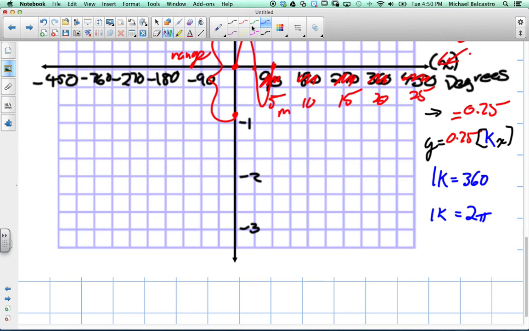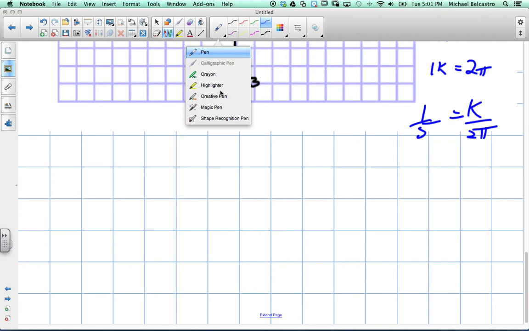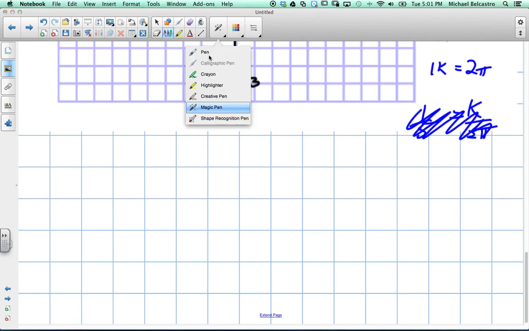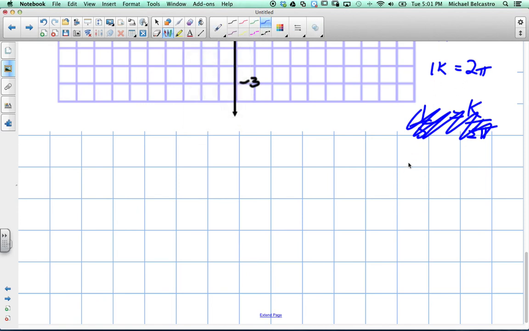So that would be like saying, okay, so we would say we'll build our equation. We'll kind of hide this because we kind of brought it up off the board. But our idea is that if k is equal to 1 period of the function, and we know that in a normal 1k, the period of the function would be 2 pi, our new value has to be what? In our case, it would be pi.